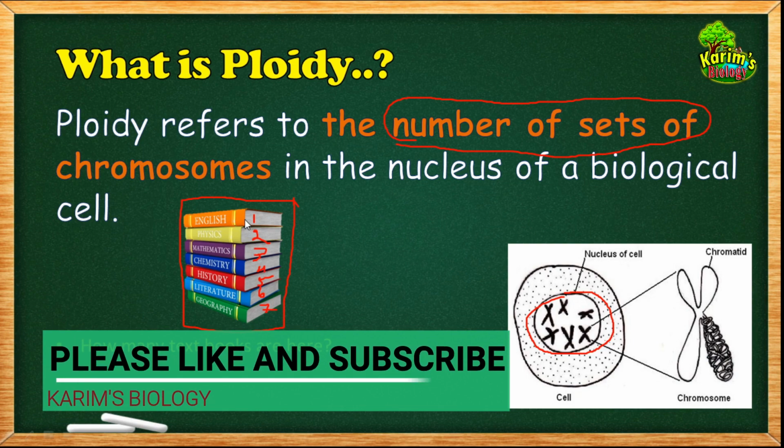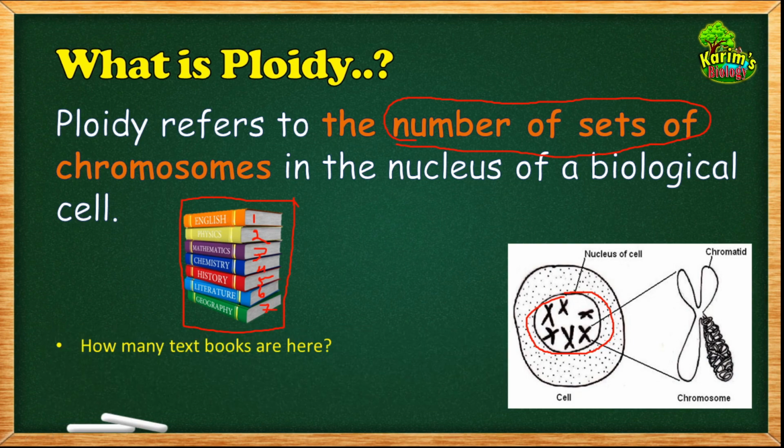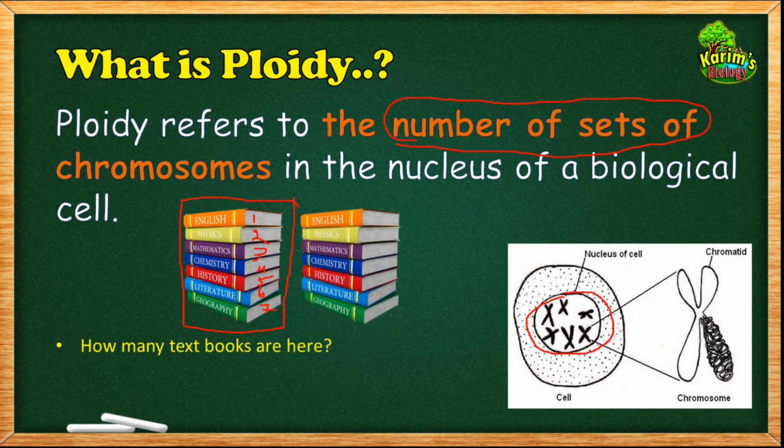Therefore, I can consider all these textbooks as a single set of textbooks. Because each book carries a different type of information, I can call these 7 books together a set of books.